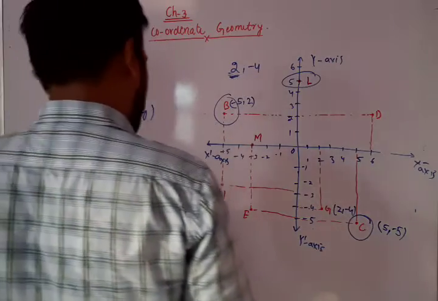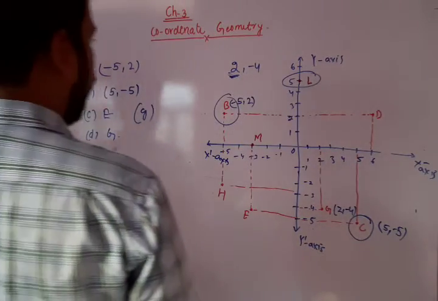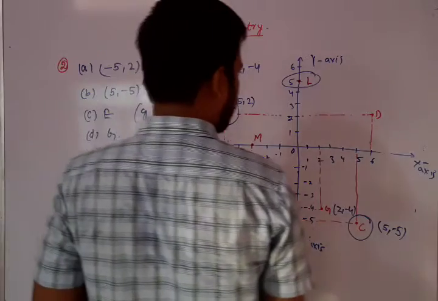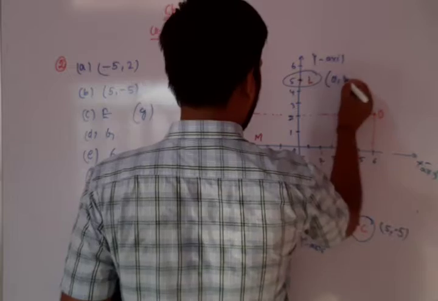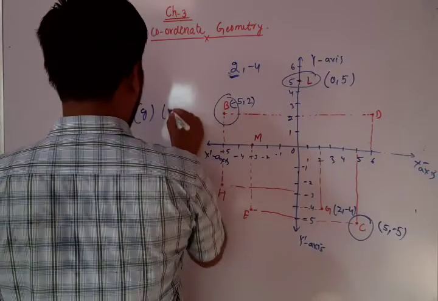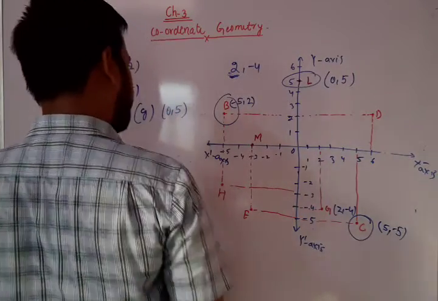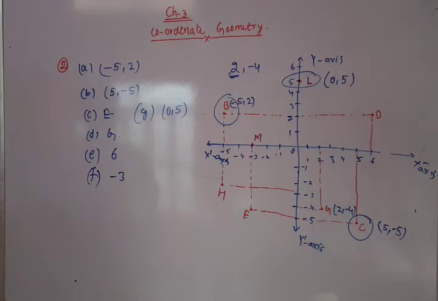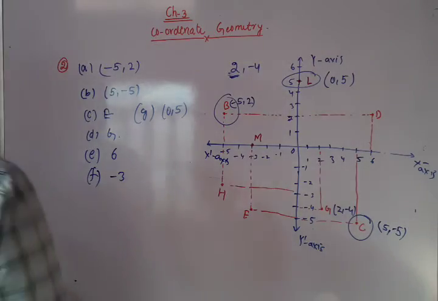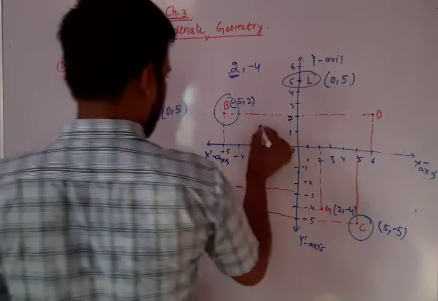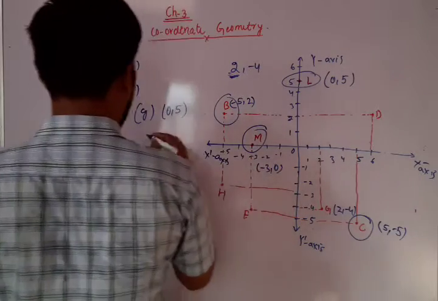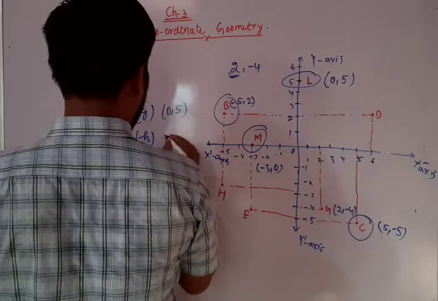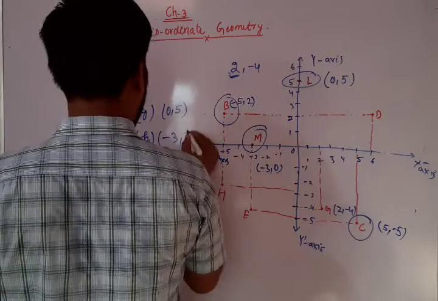We know that on the y-axis the value of x is 0 and on the x-axis the value of y is 0. So the coordinate of L will be (0, 5). Now the next point is the coordinate of M. Here M. So what will be the coordinate? The coordinate of M is (-3, 0).